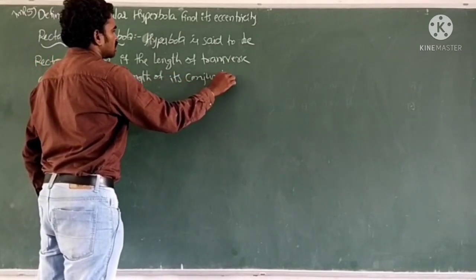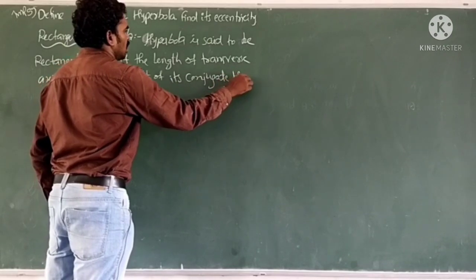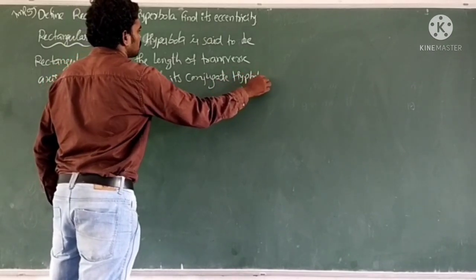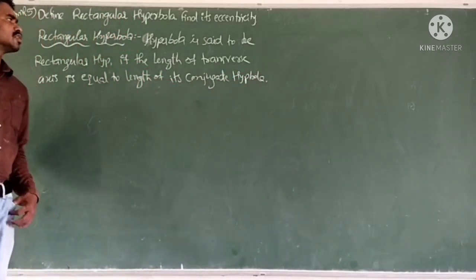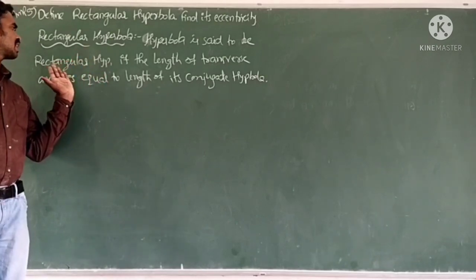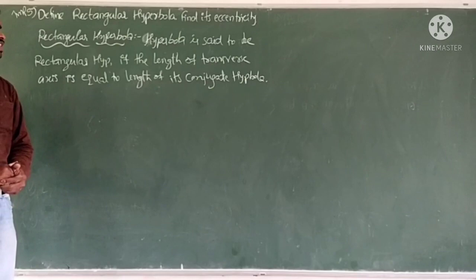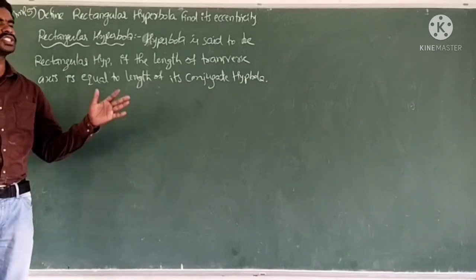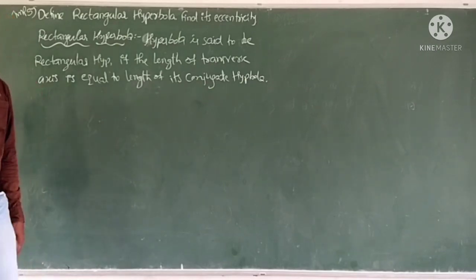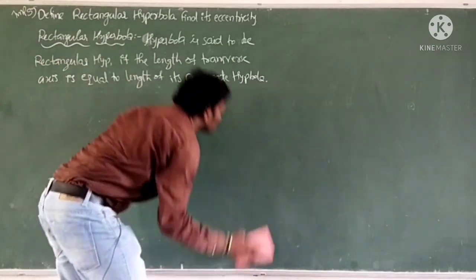That's it. Hyperbola is said to be rectangular hyperbola if the length of transverse axis is equal to length of its conjugate axis.